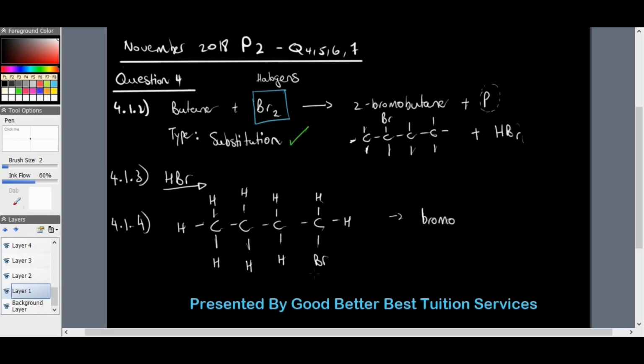Remember, you want to count from where it makes the chain look smaller, so you count from right to left, so it's just 1-bromobutane. You've not changed the structural formula, that still stays the same, but you've changed the position of the bromine, so it's no longer 2-bromobutane, but 1-bromobutane.